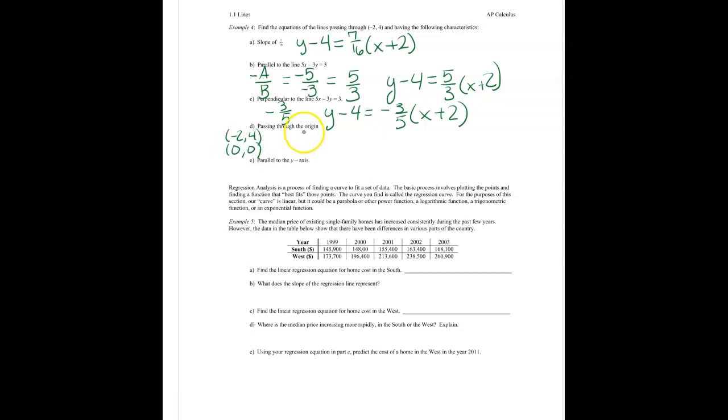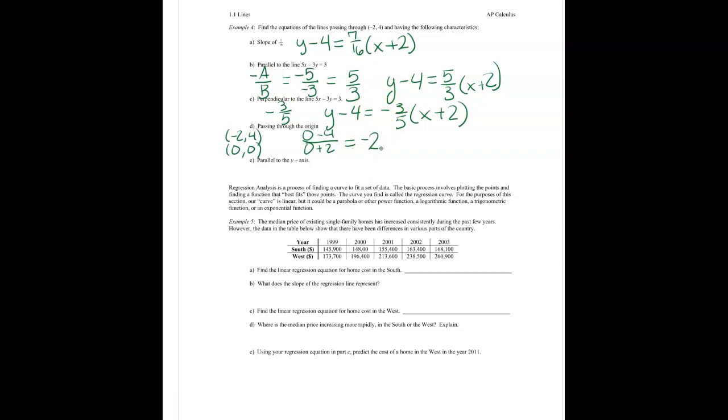So y sub 1 is going to be 4. The x sub 1 is going to be negative 2. So I've got 0 minus 4 over 0 minus negative 2.